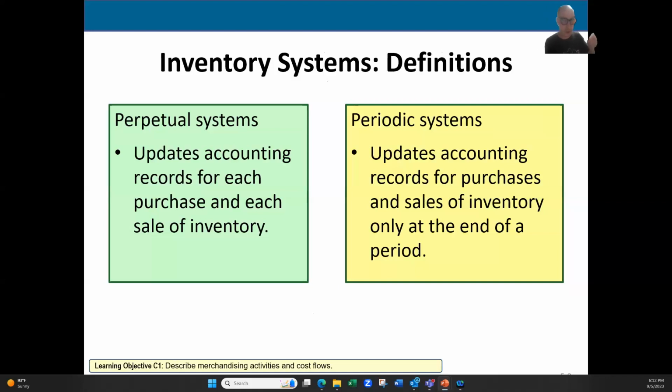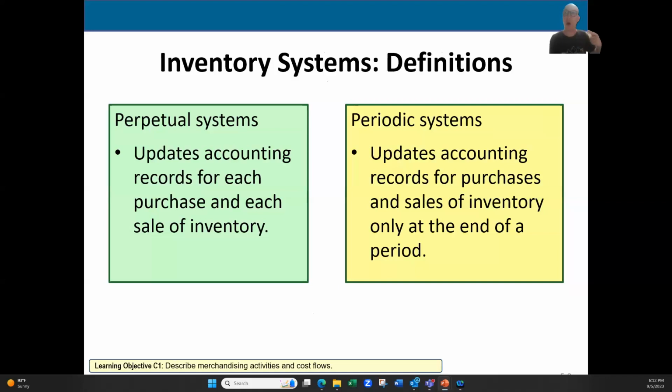When it comes to inventory, there are two types of inventory systems that a company might follow. And it depends a lot on the type of business that the company is in. Okay? So here's how it works. The company can either use the perpetual inventory system or the periodic inventory system.